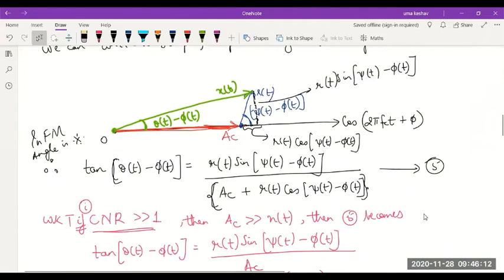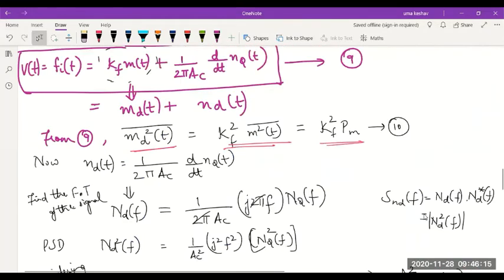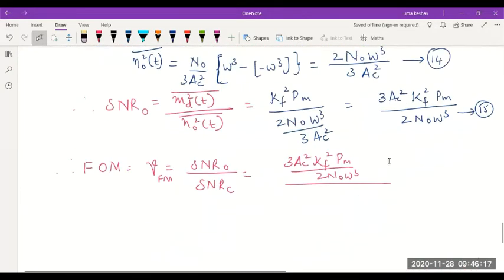Now let's substitute this here. This becomes AC square by 2 N0 into W. So we have the output signal to noise ratio divided by channel signal to noise ratio, or input signal to noise ratio. Please cancel out all the terms which can be cancelled out.